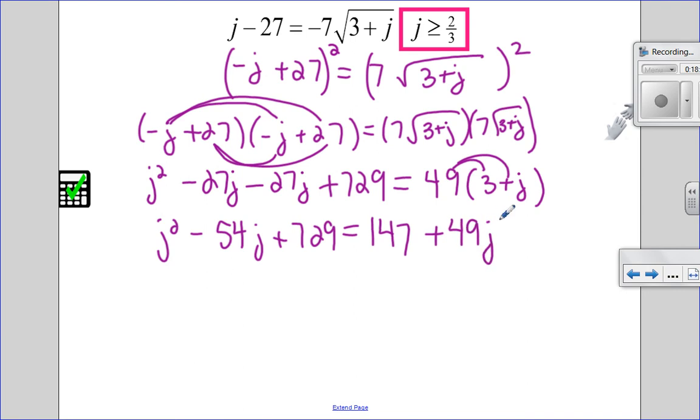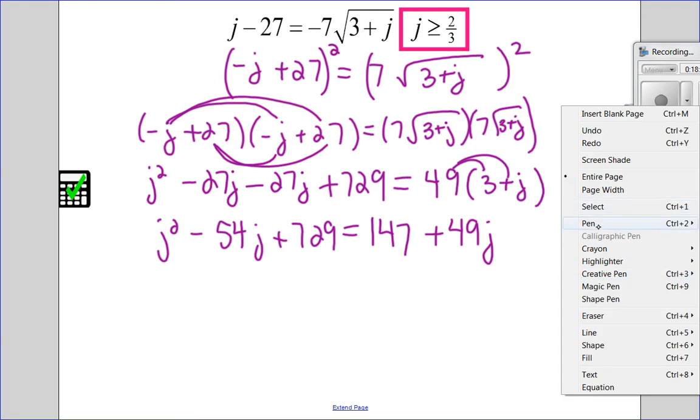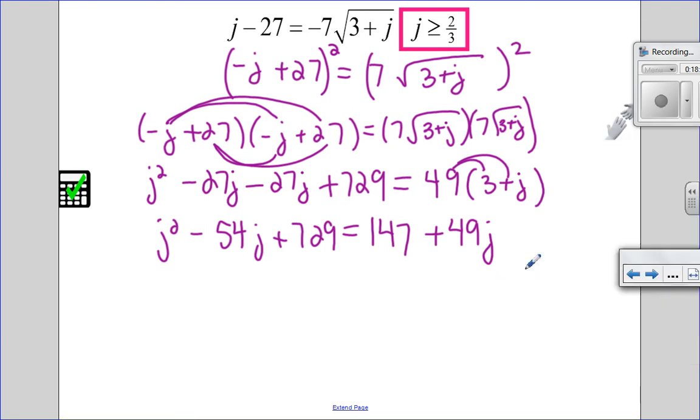So I have a quadratic, and with a quadratic, I want to set it equal to 0 and then factor or use the quadratic formula. So I'm going to subtract 147 from both sides and subtract 49j from both sides. So you'll notice on the right-hand side, everything cancels out. So 147 take away 147, 49j take away 49j equals 0.